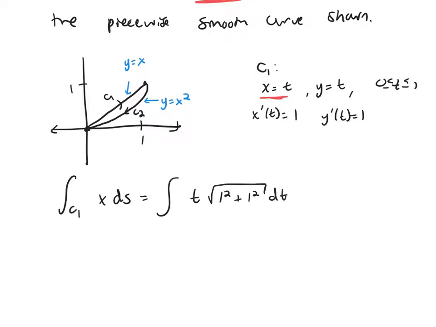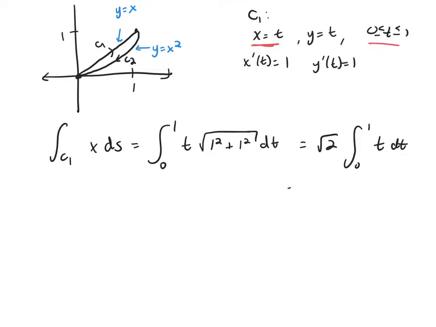And t goes from 0 to 1. So I'm looking at the square root of 2 times the integral from 0 to 1 of t. So I'm getting the square root of 2 times t squared over 2. So I'm getting square root of 2 over 2.